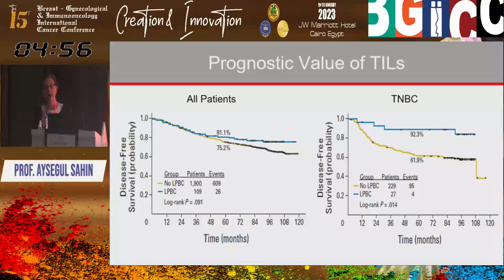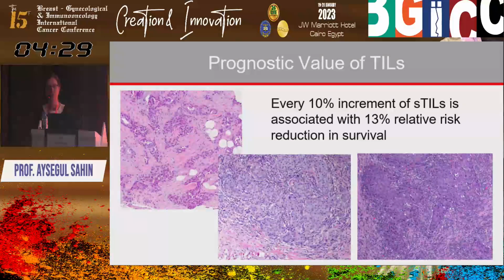So based on this, there are some recommendations that whenever we make the diagnosis of triple-negative breast carcinoma, we should give the TIL score, but still in United States, giving TIL score is not part of the ASCO-CAP guideline. One of the major issues is evaluation of TILs and the scoring systems. There are still a lot of controversies.